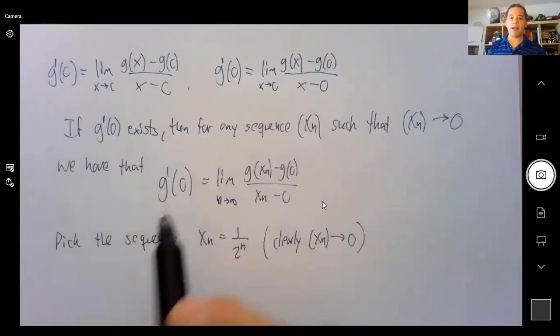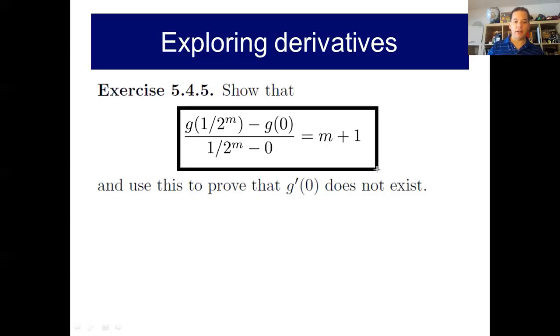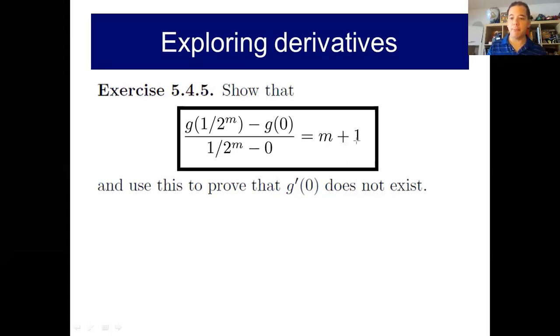But now let's go back to the exercise. What is the exercise telling us that the answer is going to be? This exercise is showing us that the answer is going to be m plus 1, right? So when we put 1 over 2 to the m minus g of 0, over 1 over 2 to the m minus 0, we're going to get m plus 1.